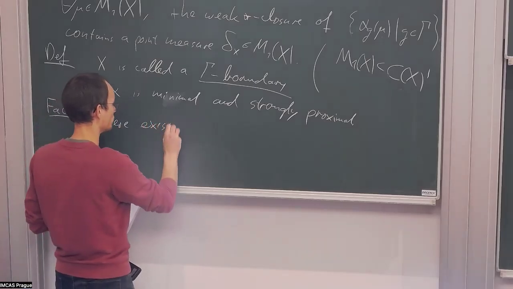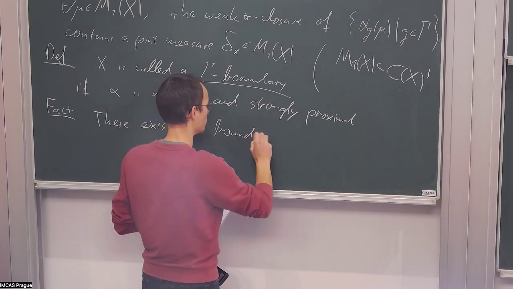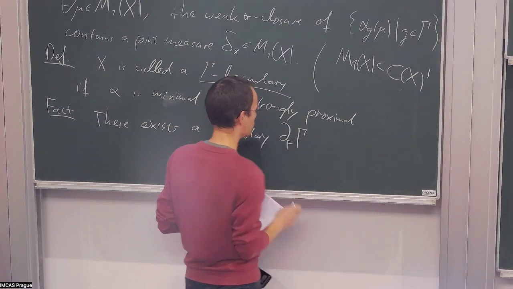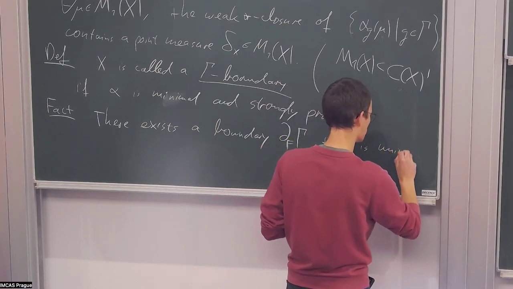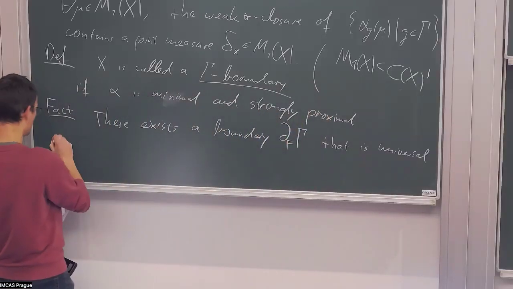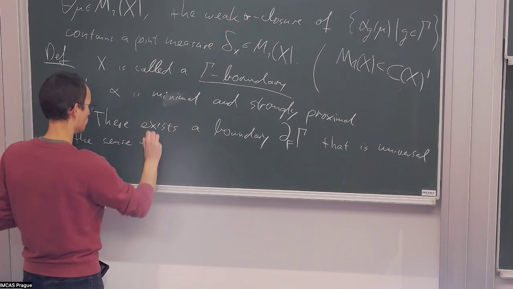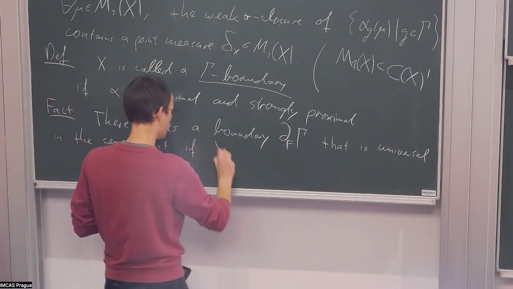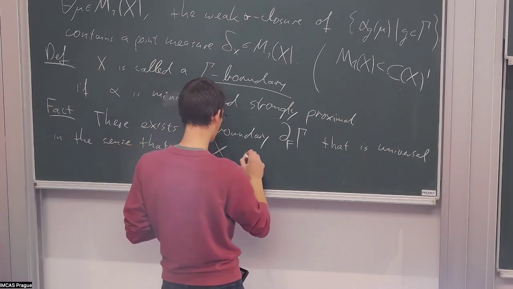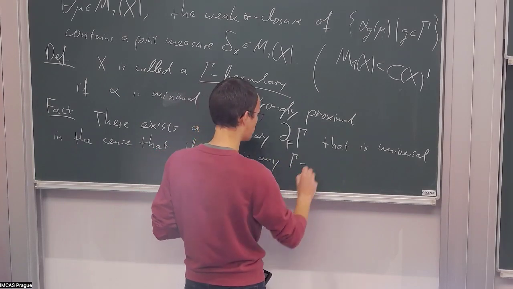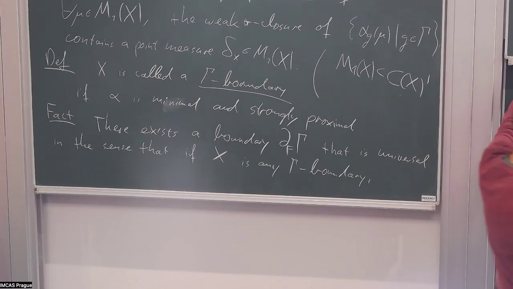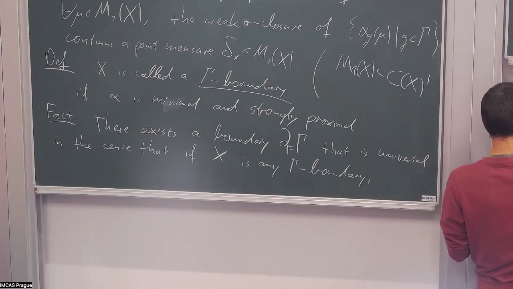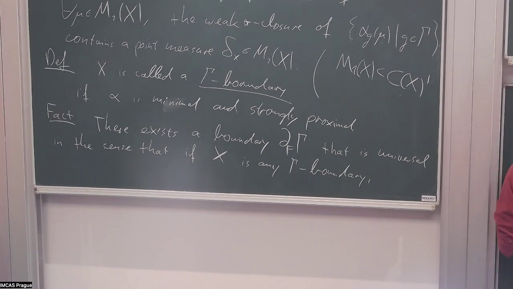There exists a boundary ∂_F Γ that is universal in the sense that if X is any other G boundary or gamma boundary, if X is any gamma boundary, then there exists a map phi from the universal boundary.